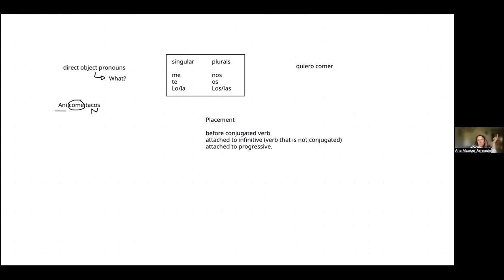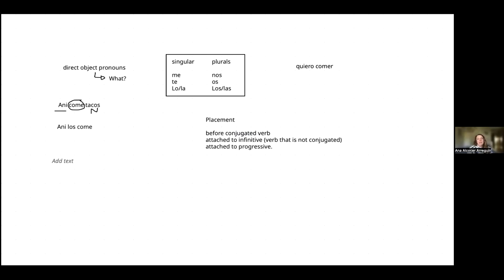So I'm just going to put it before the conjugated verb, which means it would be Ani los come. Now, if I want to make a sentence with it attached to the infinitive, you need an infinitive, so I'm going to put Ani va a comer tacos. So what this means is in the near future, she's going to eat tacos. So I'm going to take out tacos again.